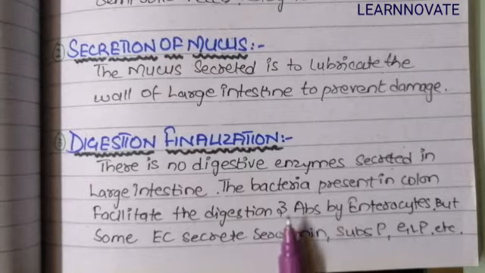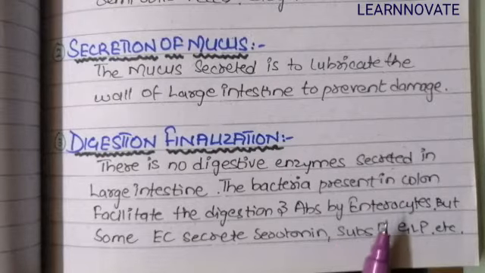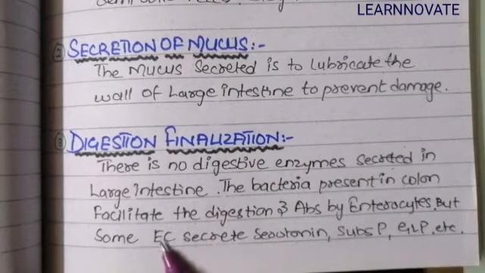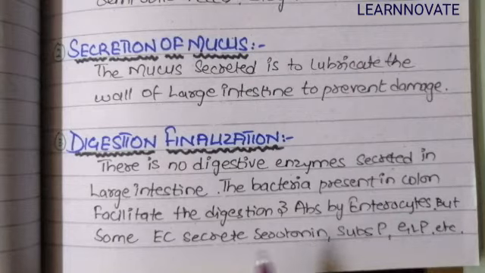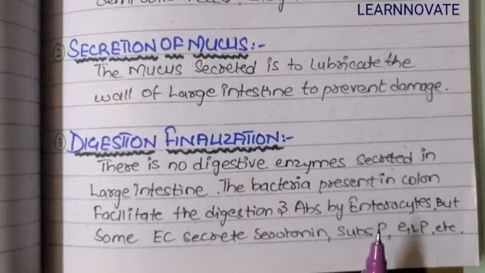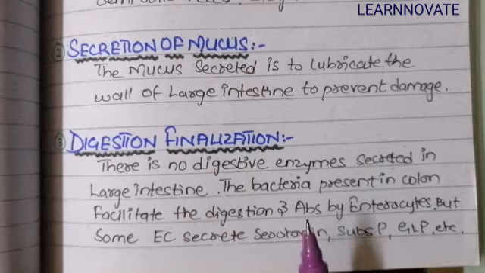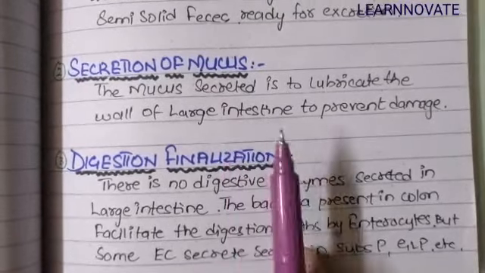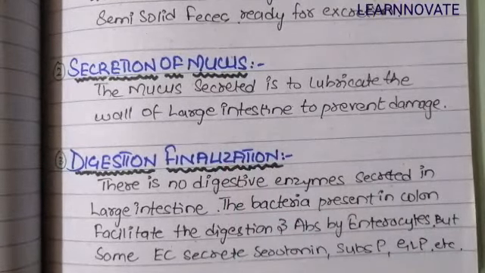So digestion is finalized and completed in the large intestine by absorption of nutrients and electrolytes by the enterocytes, the cells of the large intestine, and by the secretion of the enterochromaffin cells, which secrete serotonin, substance P and glucagon-like peptide for the absorption and digestion of some peptides, carbohydrates, fats and macromolecules in the incoming food. So you can say the final stage of digestion occurs in the large intestine. Because of the secretion of mucus, there will be lubrication of the large intestinal wall.